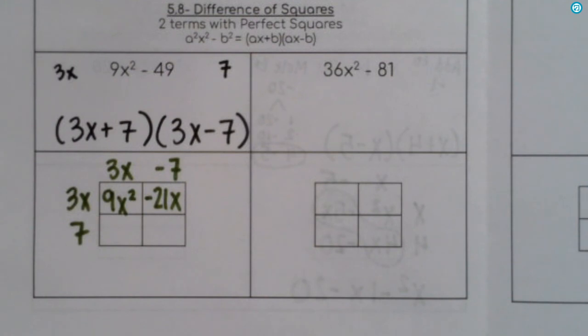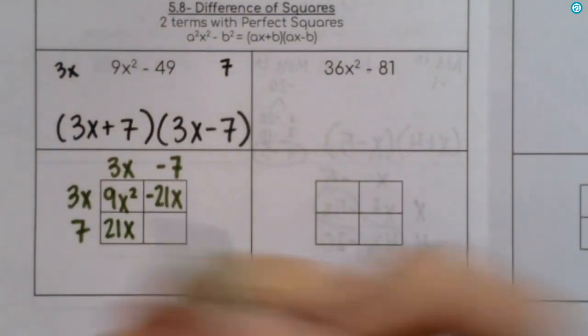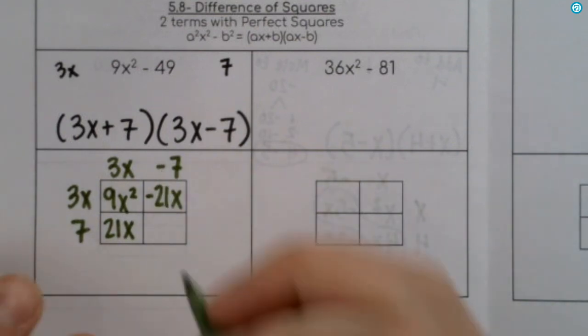Bottom left-hand corner, 7 times 3x is 21x. And then bottom right-hand corner, 7 times negative 7 is negative 49.